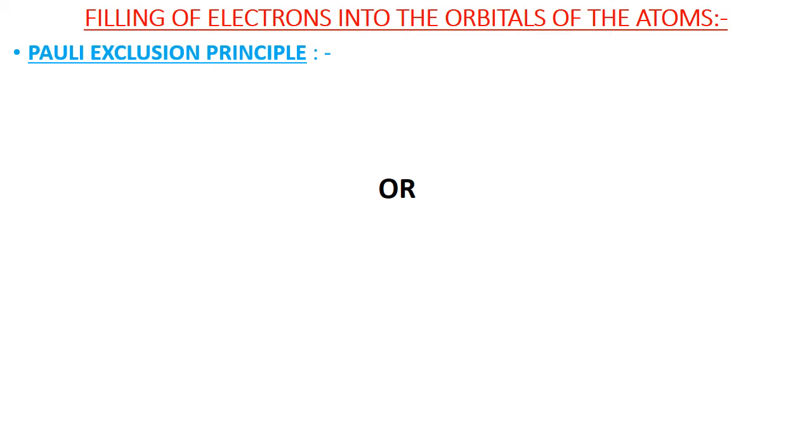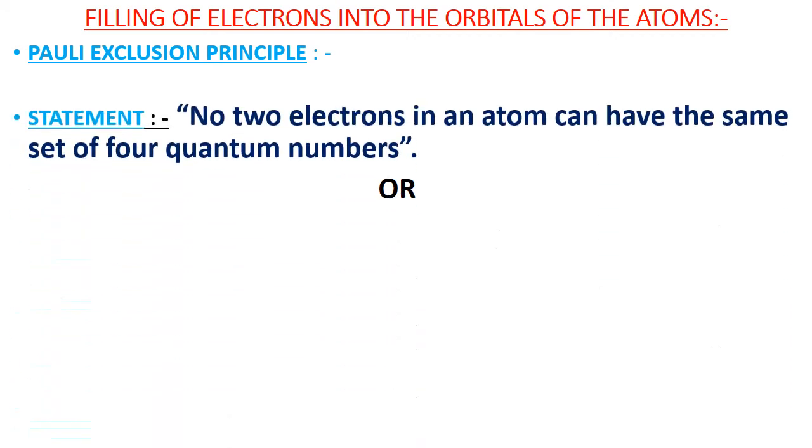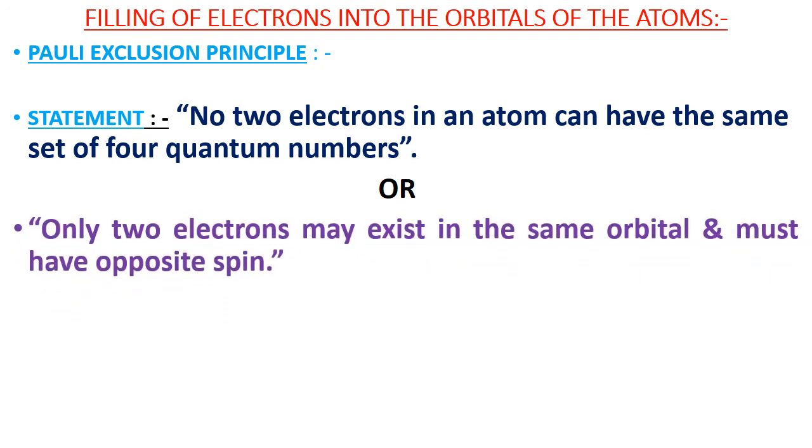Let us know about Pauli's exclusion principle. The statement of this principle is: no two electrons in an atom can have the same set of 4 quantum numbers. Only 2 electrons may exist in the same orbital and they must have opposite spin.